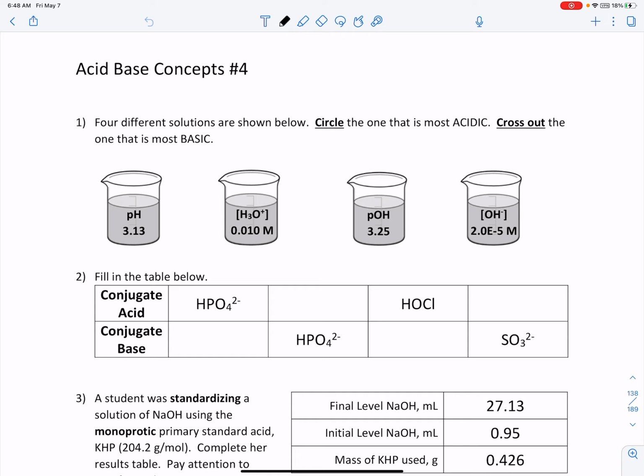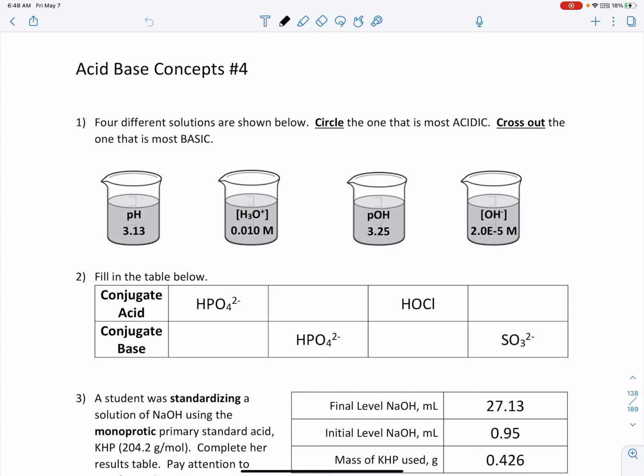In the first one, we're given the pH, so there's nothing to do there. The second one, the hydronium is 0.010. That's 10 to the minus 2. The pH is the negative log of hydronium, so you could grab a calculator and take the negative log of 0.010, or you could do that in your head because 0.01 is 10 to the negative 2.